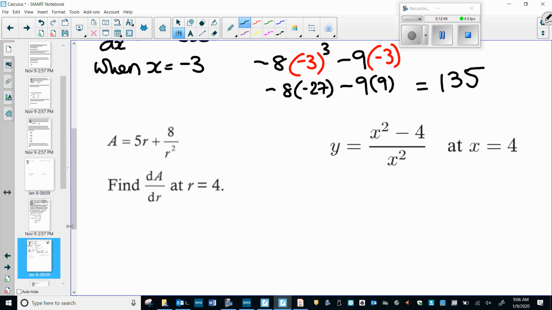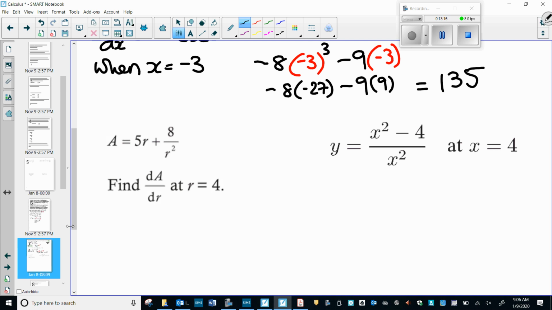So this could be S equals 5G, and then you could have dS dG. Don't worry about it. Sorry, that's a really rubbish answer as a teacher.